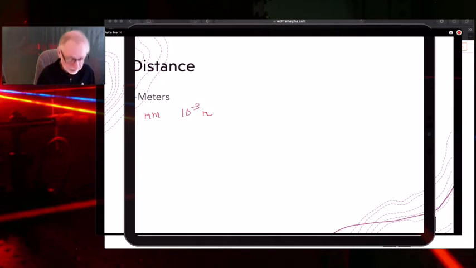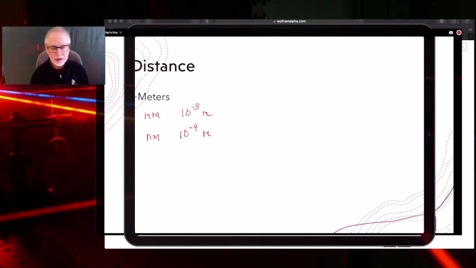Of course, you've heard the term nanotechnology, and that comes from the fact that nanotechnology is associated with very small things. So a nanometer is 10 to the minus 9 meters. And just to put things in perspective, the typical size of an atom is on the order of a few tenths of a nanometer.